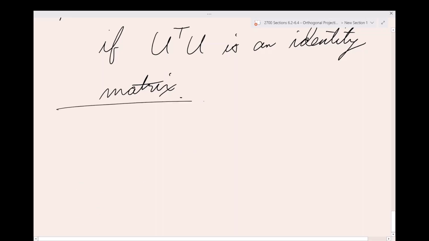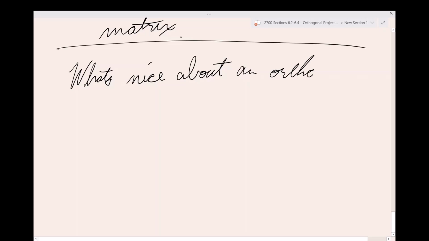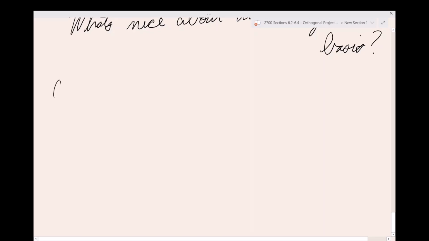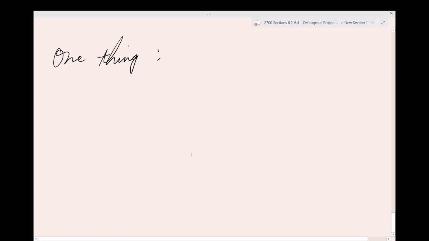Now I want to talk about one of many things, but let's ask the question, what's nice about an orthogonal basis or an orthogonal set? So one thing about what's nice about an orthogonal basis, so let's suppose I have some subspace.